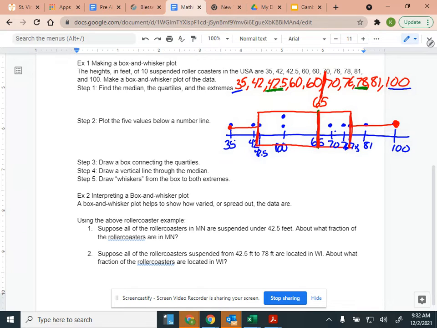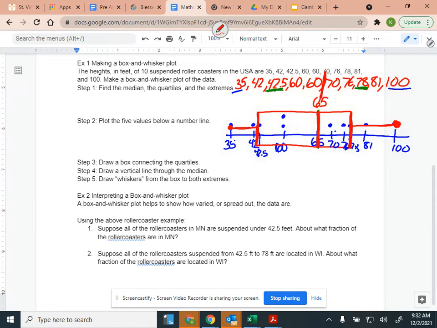So we know that our data range of all the numbers goes from 35 all the way out to 100. So the whiskers show the extremes, the lowest and the highest. So our box shows the lower quartile to the upper quartile with the median of all the numbers in the middle. Is that making sense? Yeah. It helps when we have the vocab words with the pictures going together.